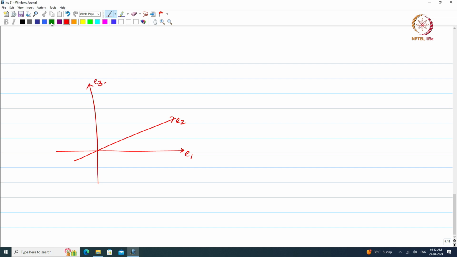Let us assume that there are 3 vectors: this is my A1 vector, let us take that to be the A2 vector, and sorry, let me take this to be the A3 vector.